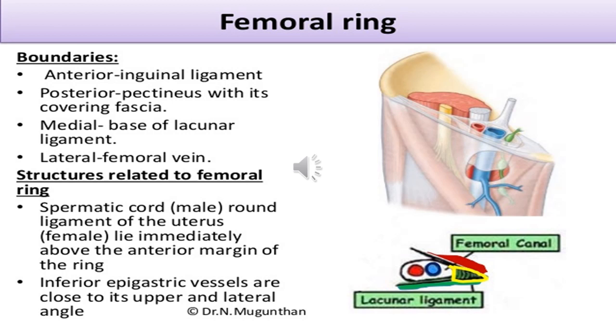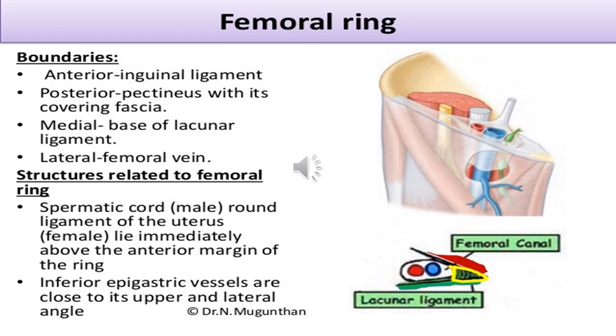The upper part of the femoral canal is known as the femoral ring. The femoral ring is bounded anteriorly by the inguinal ligament, posteriorly by the pectineal ligament, and laterally by the septum of the middle compartment, and medially it is bounded by the lacunar ligament.